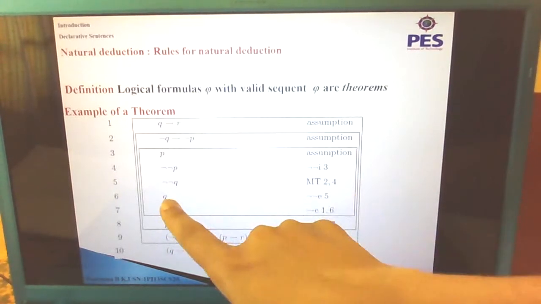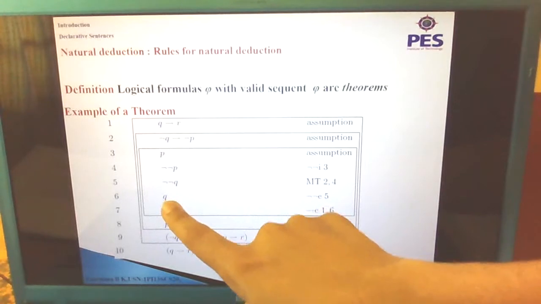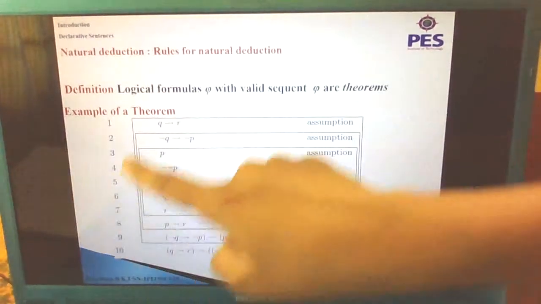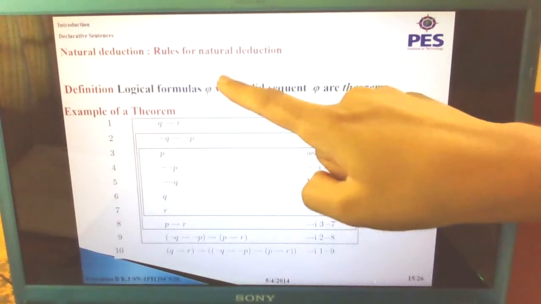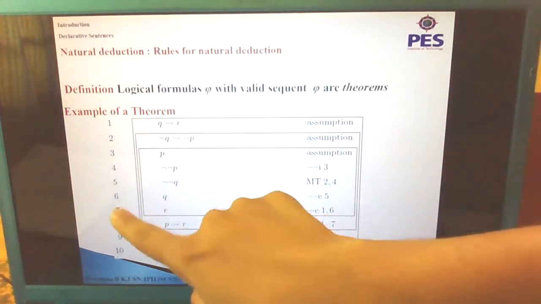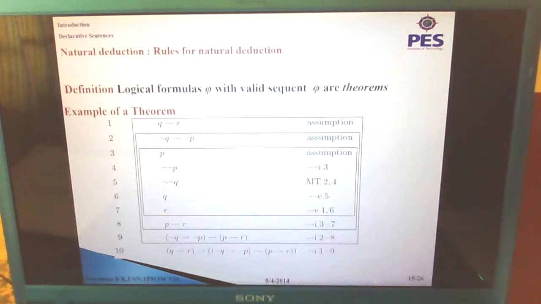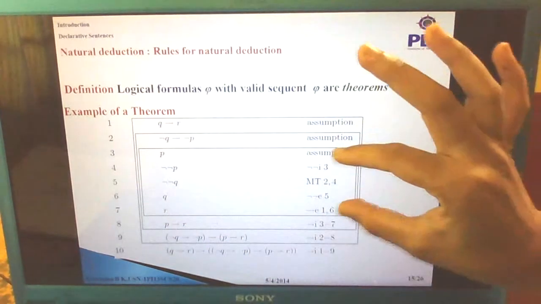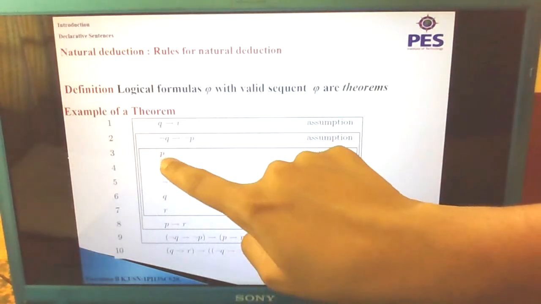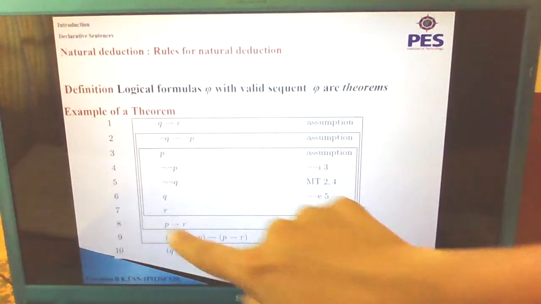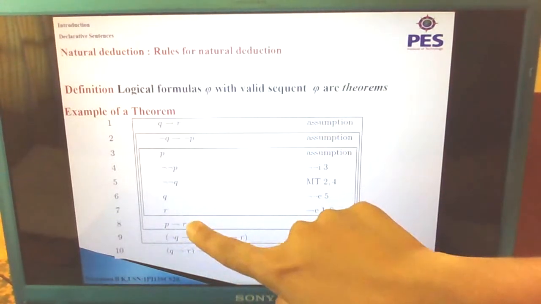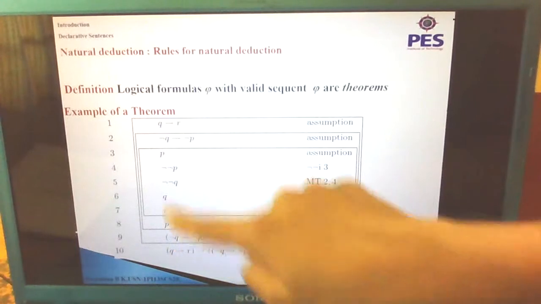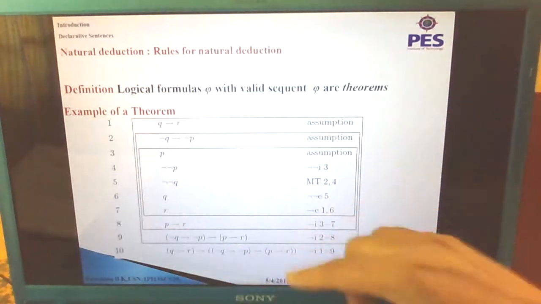After that, implies elimination from lines 1 and 6, I'm getting R is true. After that, within this box we conclude that for this P assumption I'm getting R. For this reason I conclude that P implies R, that is implies introduction from lines 3 to 7.